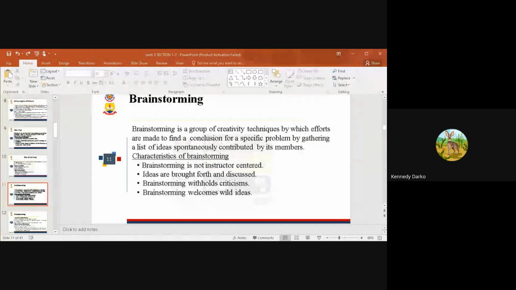Now we are moving to brainstorming. When you talk about brainstorming, what comes into your mind? It is a group of creativity techniques by which efforts are made to find a conclusion for a specific problem by gathering a list of ideas spontaneously contributed by its members.